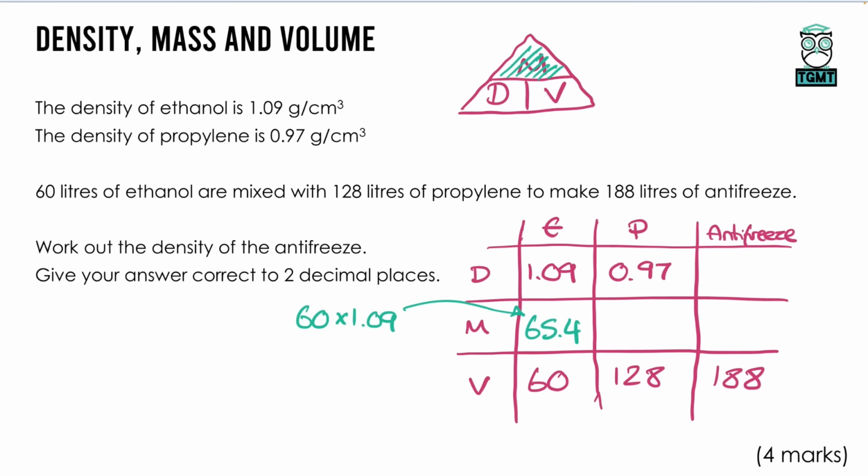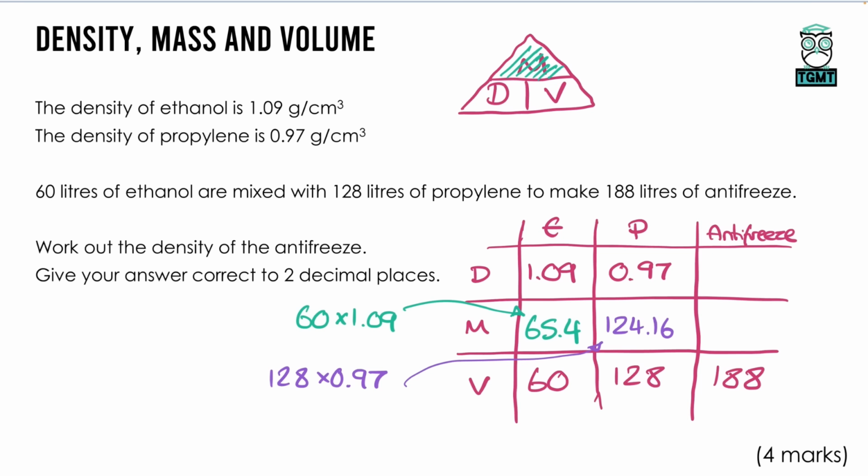I can then work out the mass of the propylene, just here, by doing the volume 128 times 0.97. That's going to give me the mass of the propylene, and that comes out as 124.16.